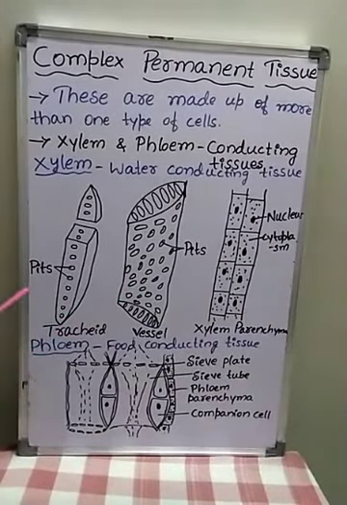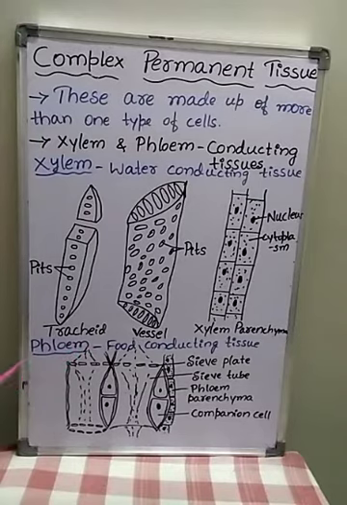Then one more type of cell is xylem fiber. Xylem fiber is dead and it mainly gives support; it is supportive in function.